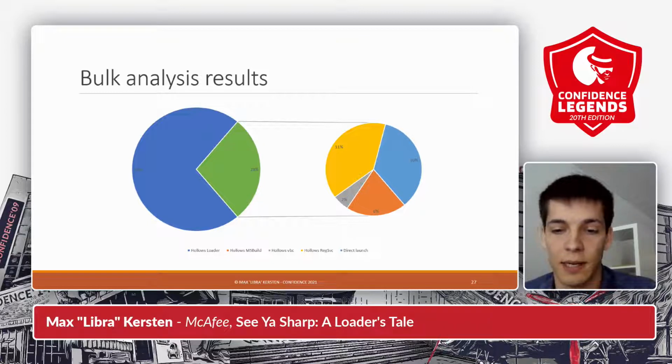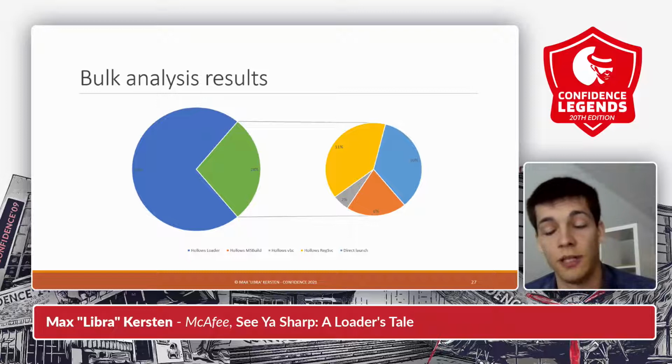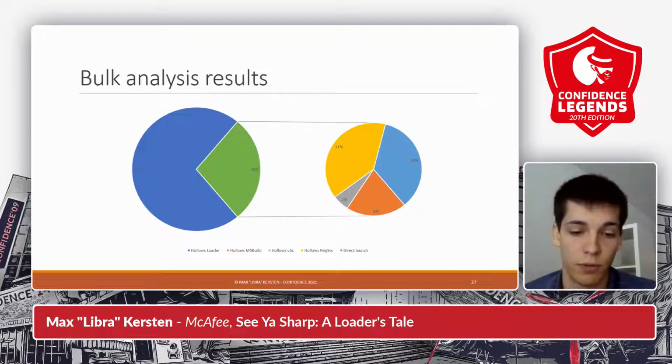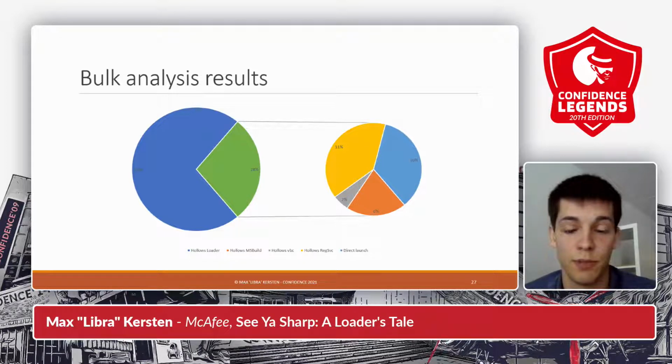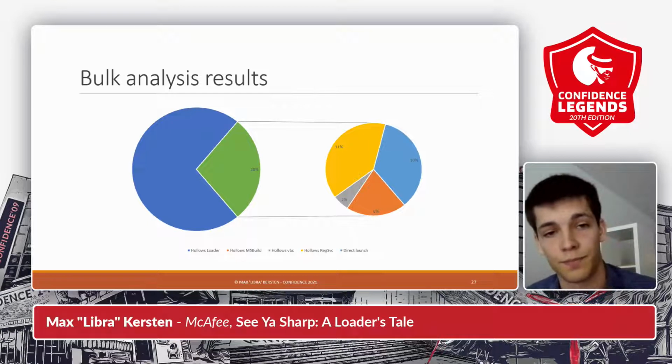But only 10% go for a direct launch of the payload. Having said that, the direct launch in old versions is basically still process hollowing, because it launches a second embedded payload, which is only there to perform process hollowing. So the 10% is potentially even less, but at least 10%.